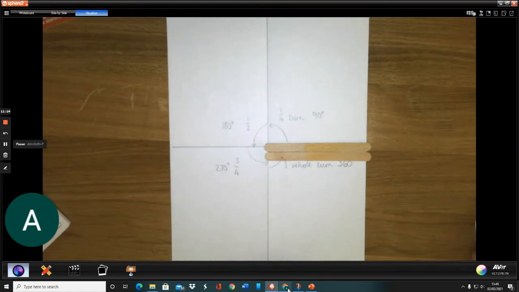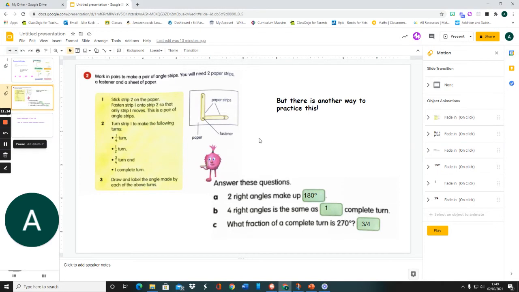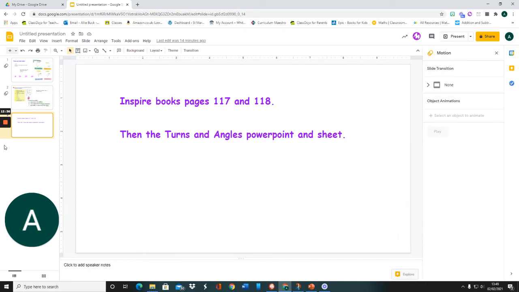Now you're going to need to know what activities you're going to do today. So here we go. What you're going to do is use your Inspire book on pages 117 and 118.